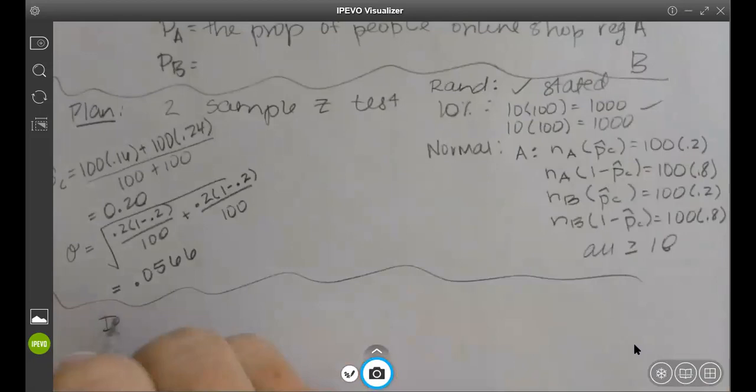What are we going to do in the do part? What do we do in our calculator? Not the sample. What are we using?